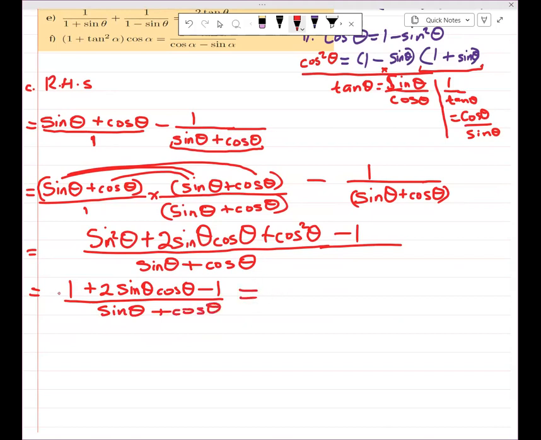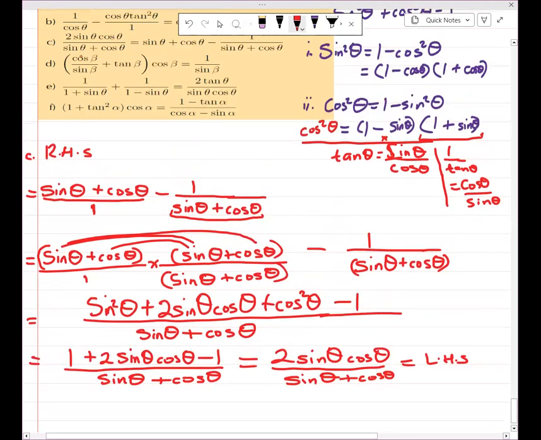This becomes 1 minus 1 will cancel. So you have 2 sine theta cos theta all over sine theta plus cos theta, which is equal to the left-hand side, right? You check there, we have that exact same answer here. So we are sorted with C.